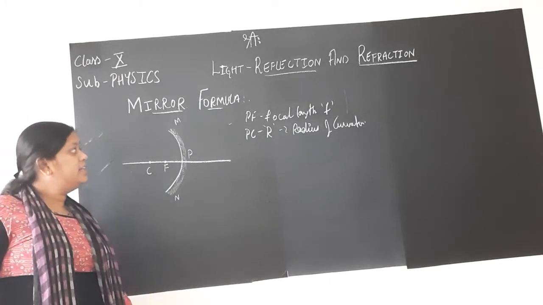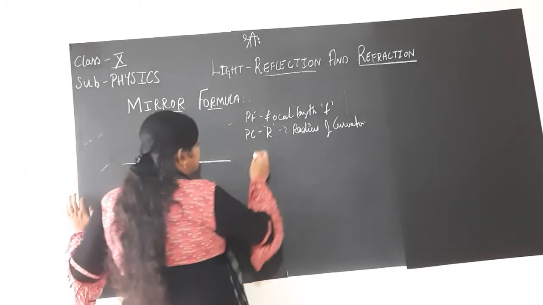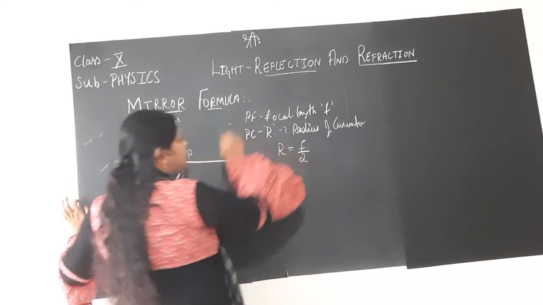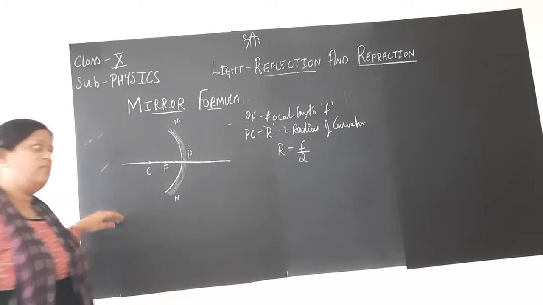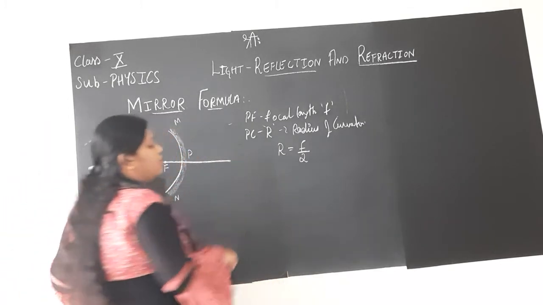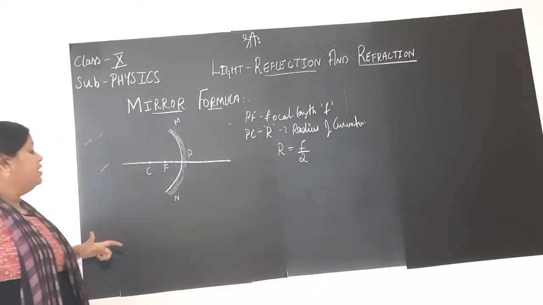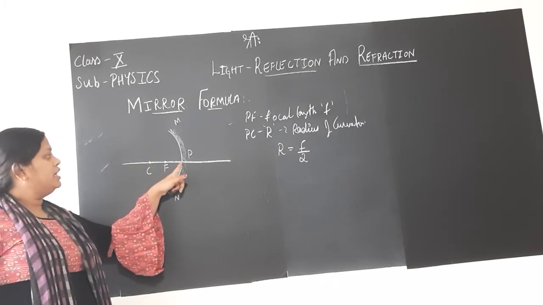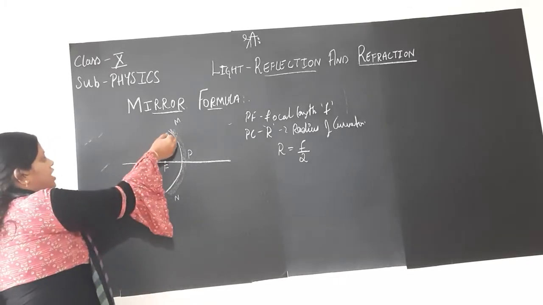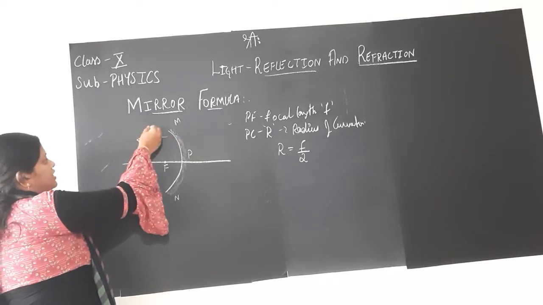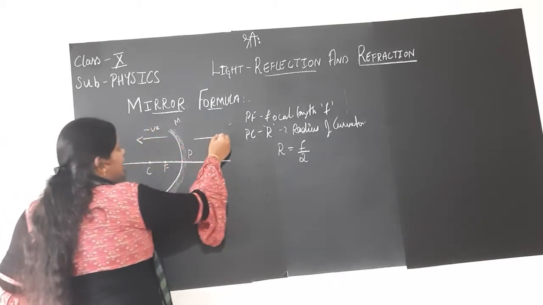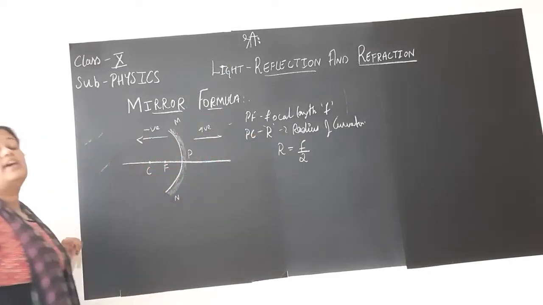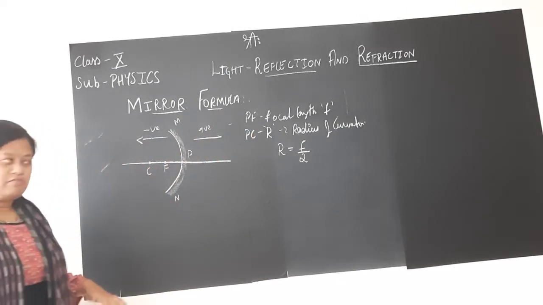And we studied one more relationship between the radius of curvature and the focal length, that is R is equal to 2f, also we discussed. And one more thing, children, in the sign convention: all the distances measured towards the left hand side are taken as negative, and all the distances measured towards the right hand side are taken as positive.